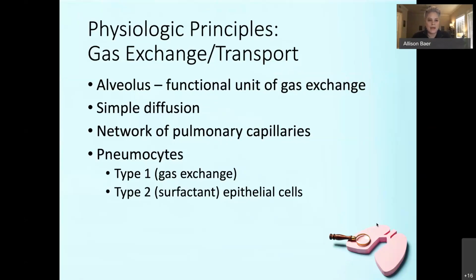And in the alveoli themselves, there are two types of pneumocytes, or two types of lung cells. Type 1 is the lining of the alveoli, and that's where gas exchange happens. Type 2 are little spots on that, epithelial cells that produce surfactant. So if you hear that something damages your type 2 pneumocytes, that's going to affect their surfactant production.